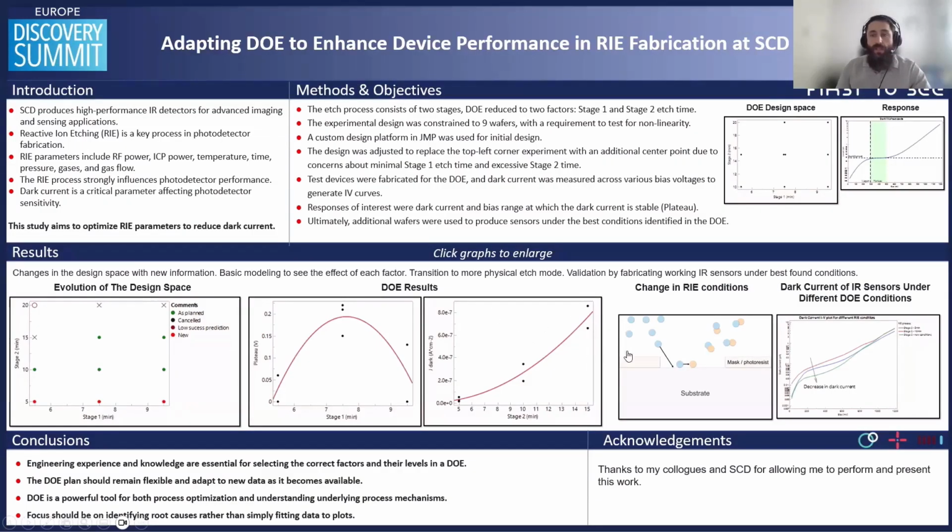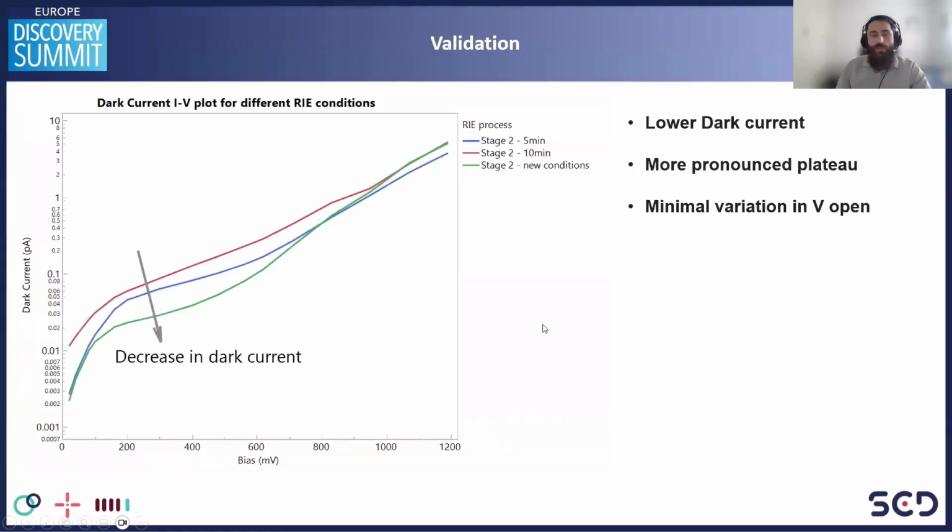Moving towards the validation stage, for the first stage, we decided to take the optimal time that we found for the first stage. But for the second stage, we used 3 wafers, where one would be 10 minutes, the second is 5 minutes, and the third wafer with the new conditions, the more physical etch.